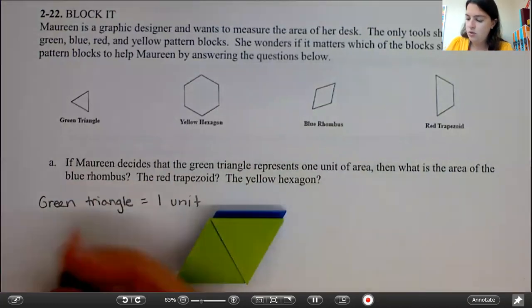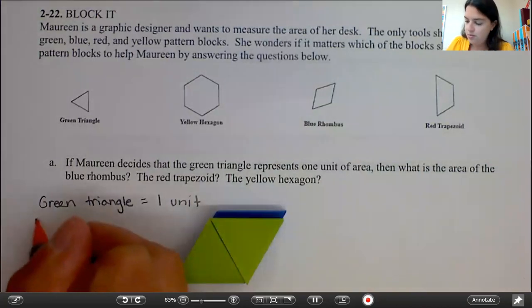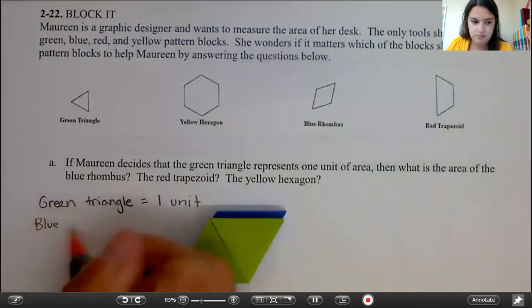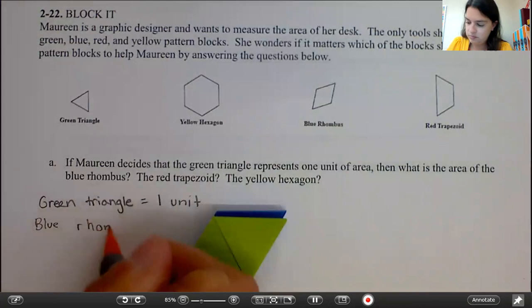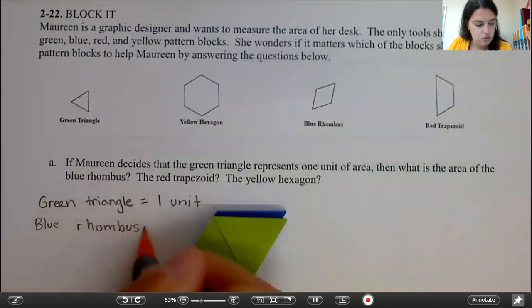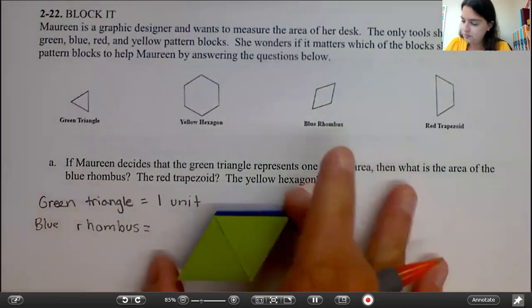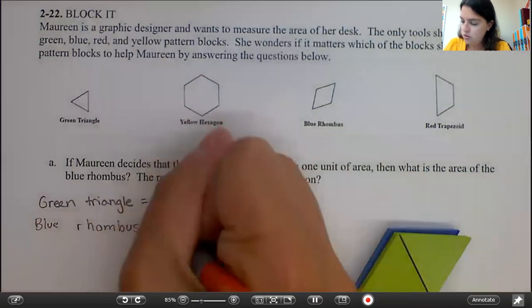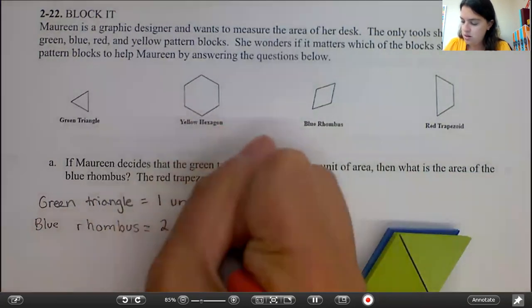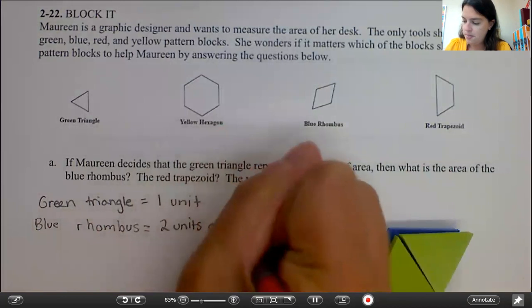Okay, so the area of the blue rhombus would equal 2 units of area.